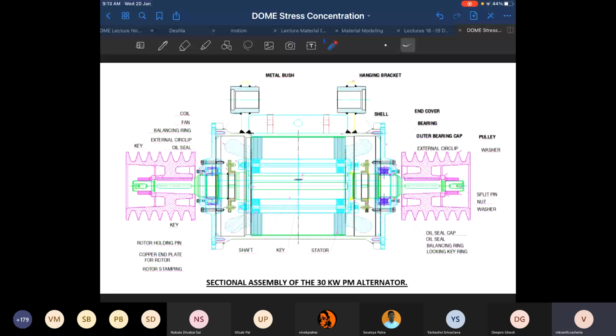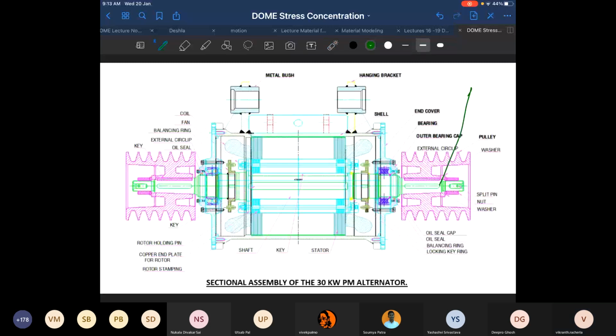Now, in order to understand why we have geometric features, let us take a sectional assembly of the permanent magnet alternator. Over here, the part that we will be focusing on is this shaft.